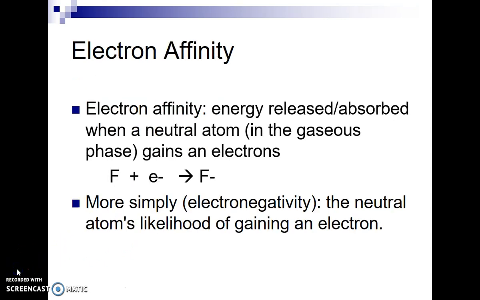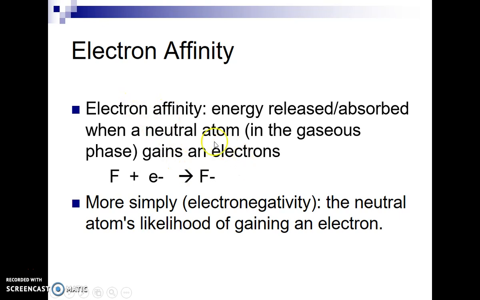We're now moving on to the next trend, which is electron affinity. Electron affinity is the energy released or absorbed when a neutral atom in the gaseous phase gains an electron. So here we have an atom of F and an electron, and it's gaining an electron and becoming F minus. This is measured in kilojoules per mole, which is annoying to measure.